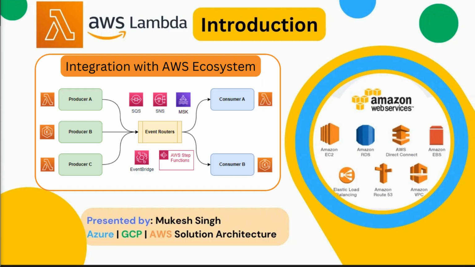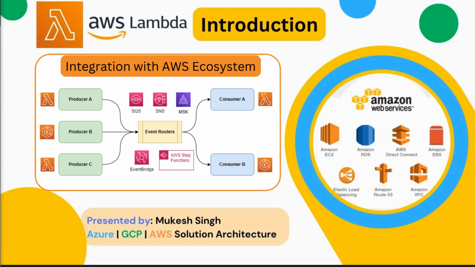The fifth key feature of a Lambda function is that it seamlessly integrates with the AWS ecosystem. That means Lambda functions seamlessly connect with other AWS services, allowing you to construct sophisticated and efficient processes.